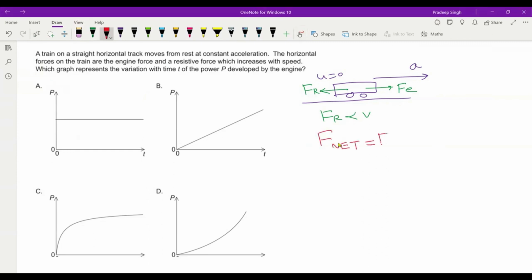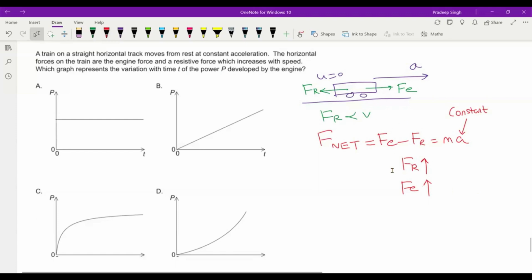The net force is the engine force minus the resistive force, and that is equal to ma. Now, Anushka, acceleration has been given as constant. Net force is a constant, which means if your resistive force is increasing, your engine force correspondingly has to increase.